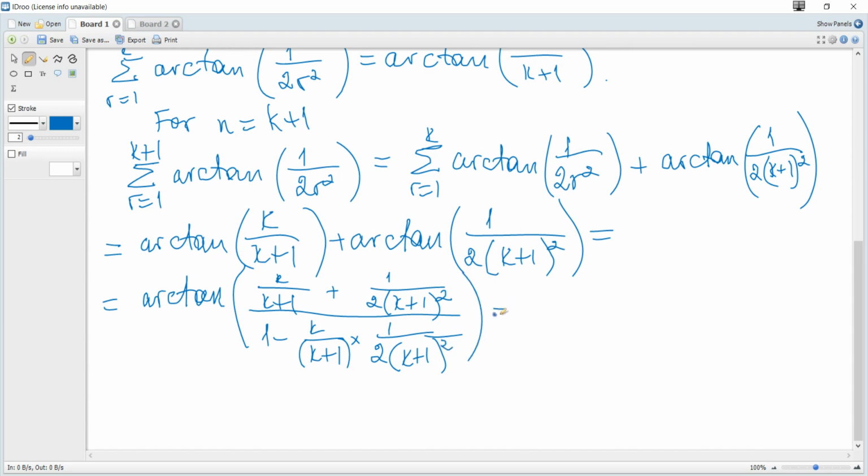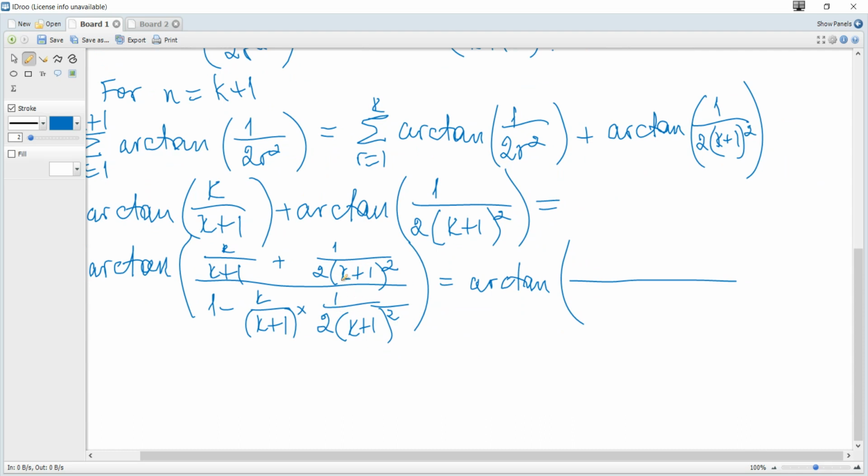And let's simplify it, arctan, and we can multiply each term by 2k plus 1 cubed, so it becomes (2k plus 1) squared plus k plus 1 divided by (2k plus 1) cubed minus k.